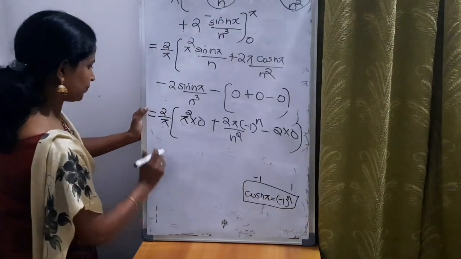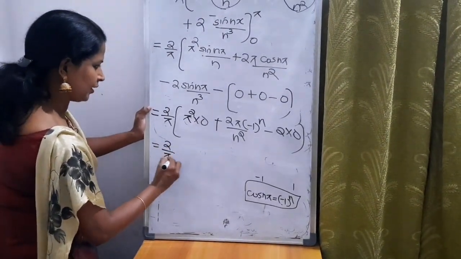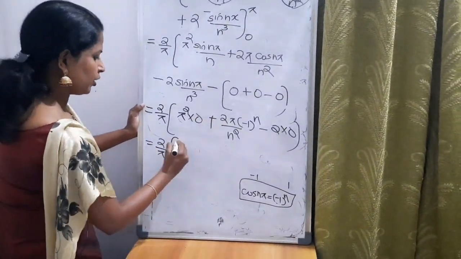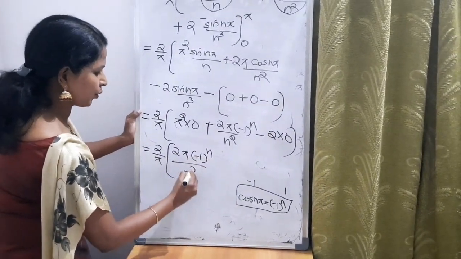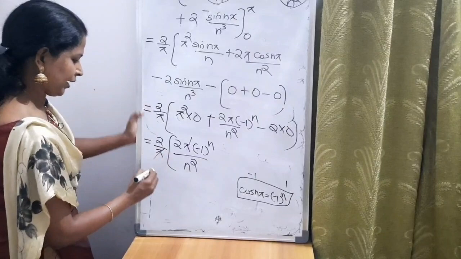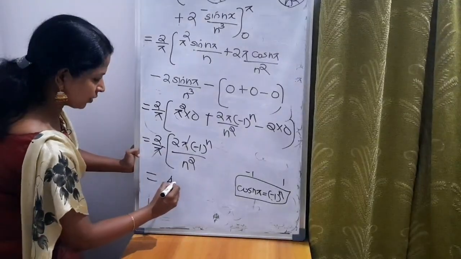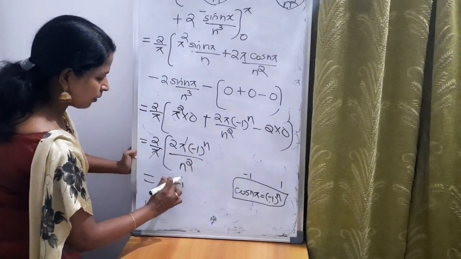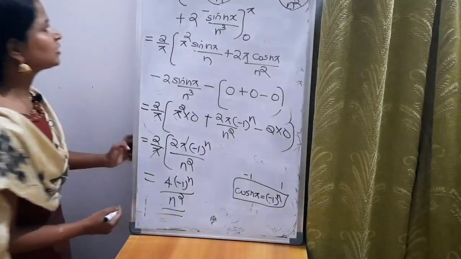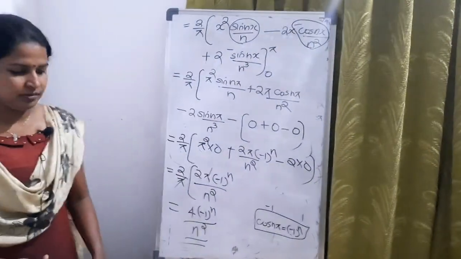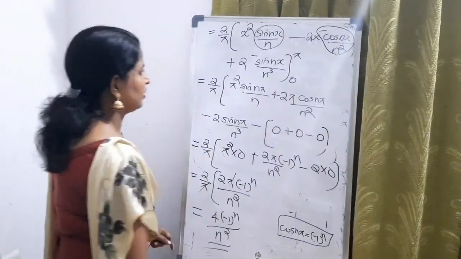That is equal to 2 by pi into 2 pi minus 1 raised to n by n square. So 4 into minus 1 raised to n by n square. This is an.